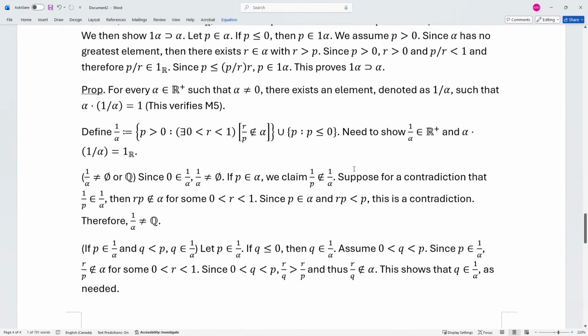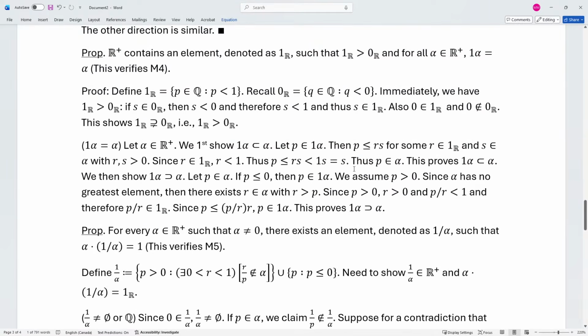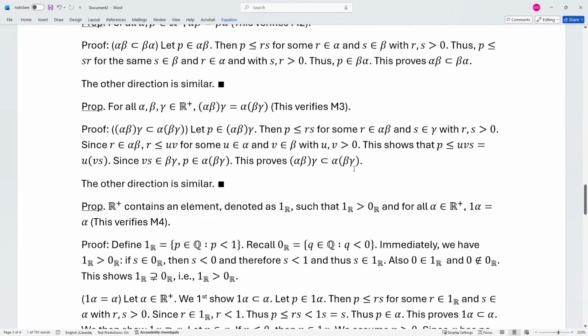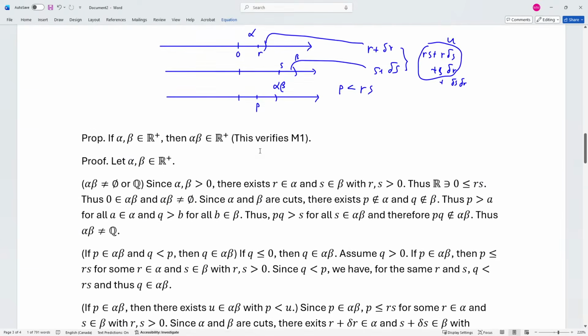Okay, just a quick walkthrough. So we're in the theory of Dedekind cuts for the real numbers. The idea is we wish to construct a set that satisfies all the properties of the real numbers we want. And currently we are at the stage of defining a multiplication.